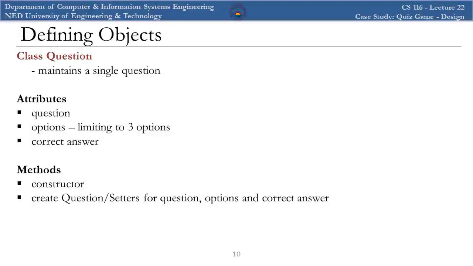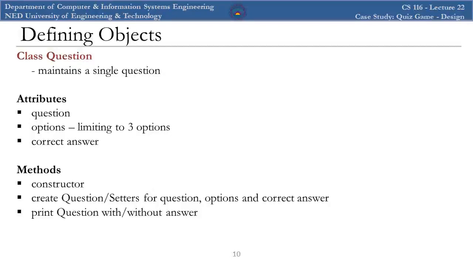So there should be some setter functions for all these three attributes. And then we should have some print options, like we should be able to print the question, or we should be able to print the correct answer, or we should be able to print the whole thing, the question, the options, and the correct answer. So we can provide a variety of print functions here.